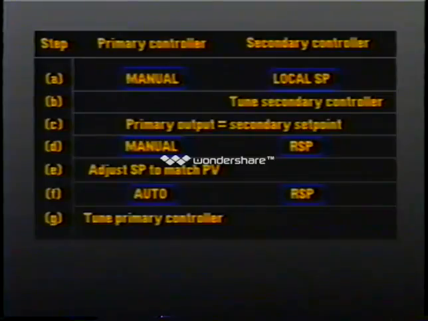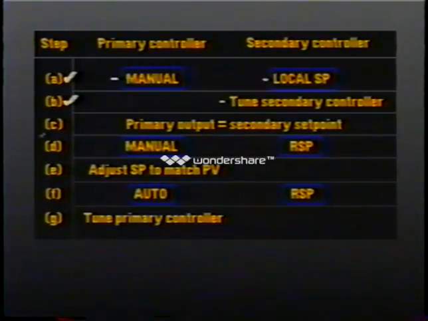As indicated on this chart, the proper order of operations is first to tune the secondary loop, beginning with placing the secondary controller in local set point mode and the primary controller in the manual position. Now we tune the secondary controller as a normal feedback single loop.